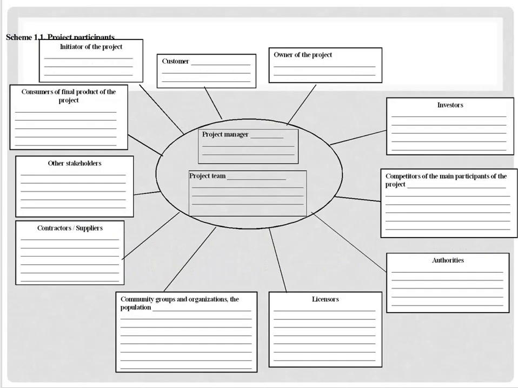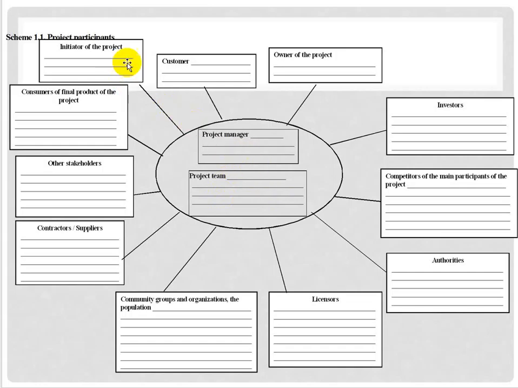You have the scheme and you have to fulfill the project manager. You have to create profession, for example, according to organizational structure in your educational institution, and project team, responsible person, which can be chosen also from organizational structure of your educational institution.